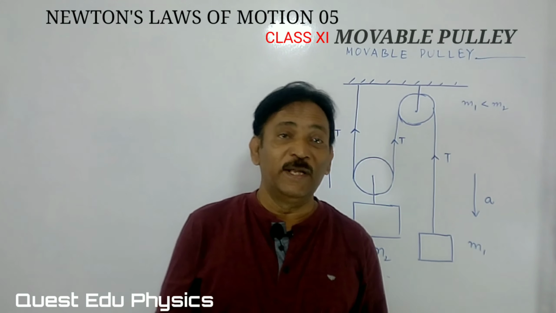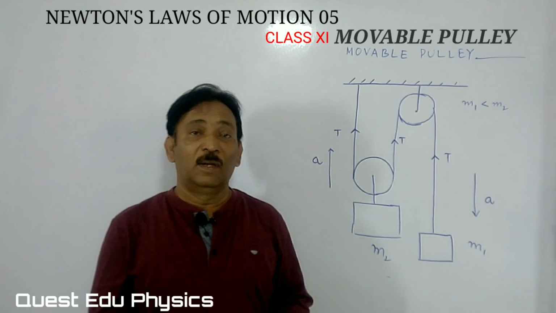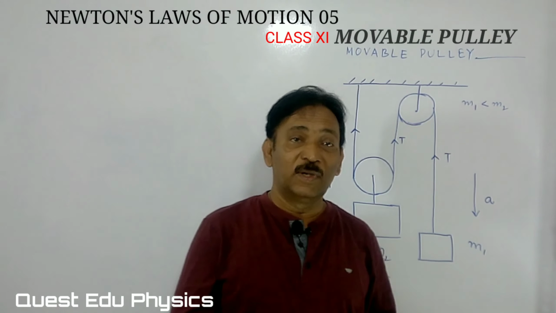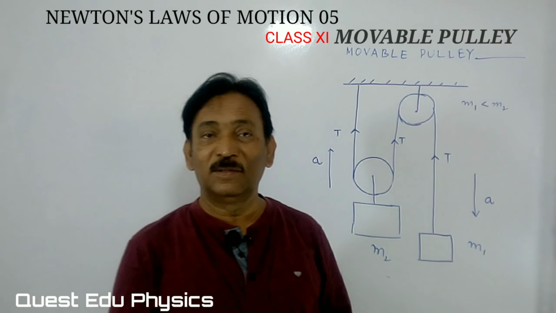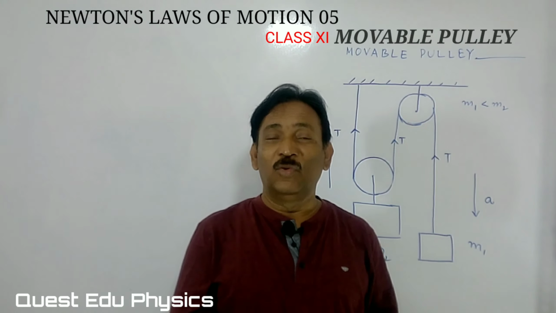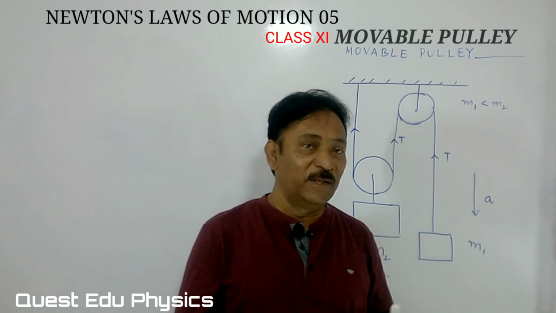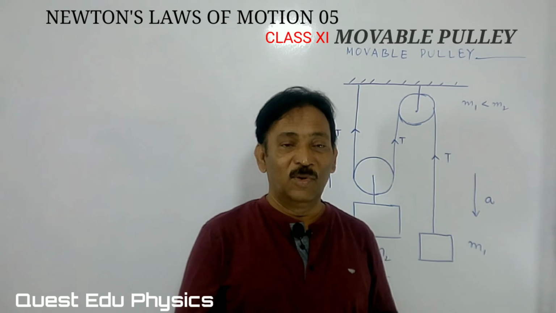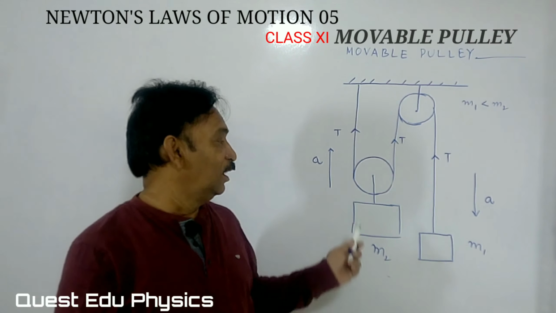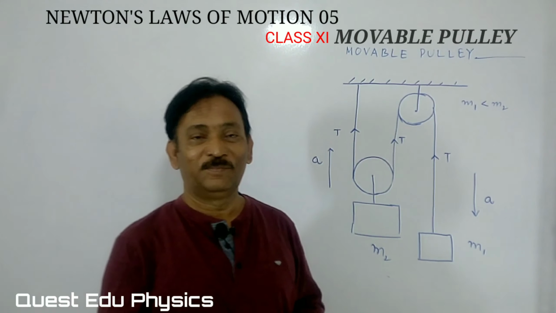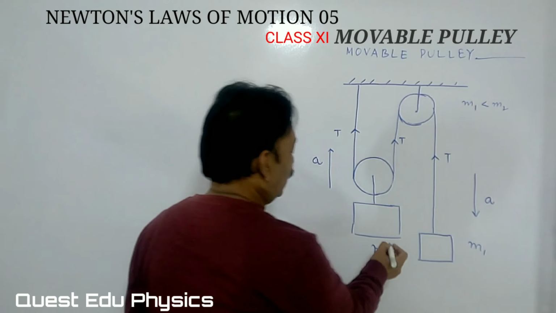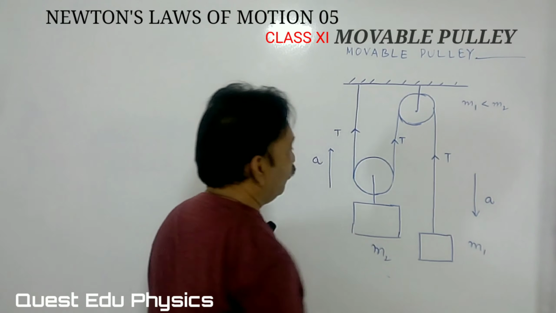The main purpose of a pulley is, by doing less work, we can lift more weight. Doing less work, but lifting more mass. That's why intentionally it is shown in this way.